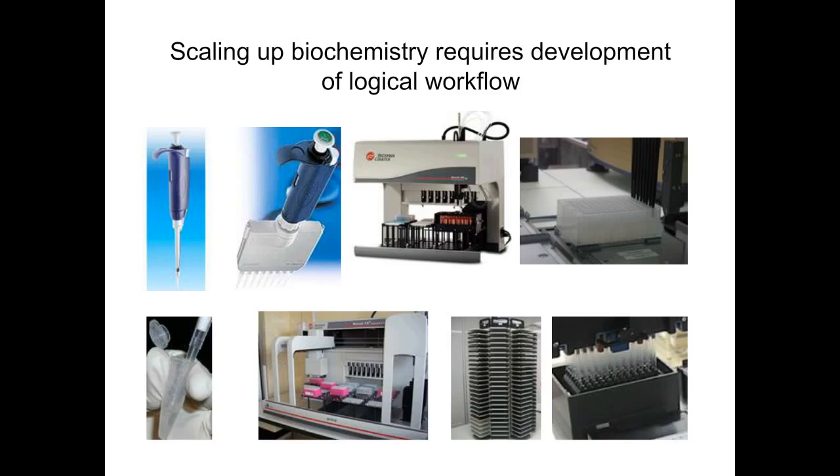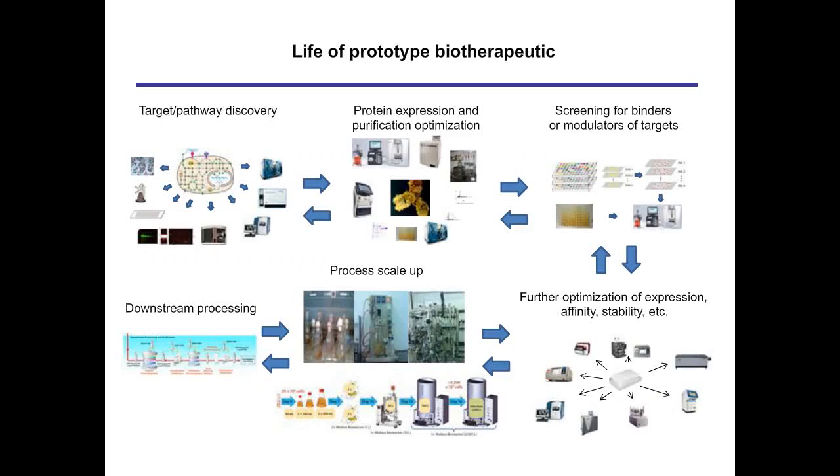On the left, I show individual pipettes and then multi-channel pipettes, and as we get farther to the right, you start to have the need for automation to do multi-channel liquid handling in order not only to speed up the process, but more importantly to reduce the variability associated with the results. Because as you begin collecting hundreds or thousands of data points, it's quite critical to reduce the variability so that you can compare data across time and across individual experiments.